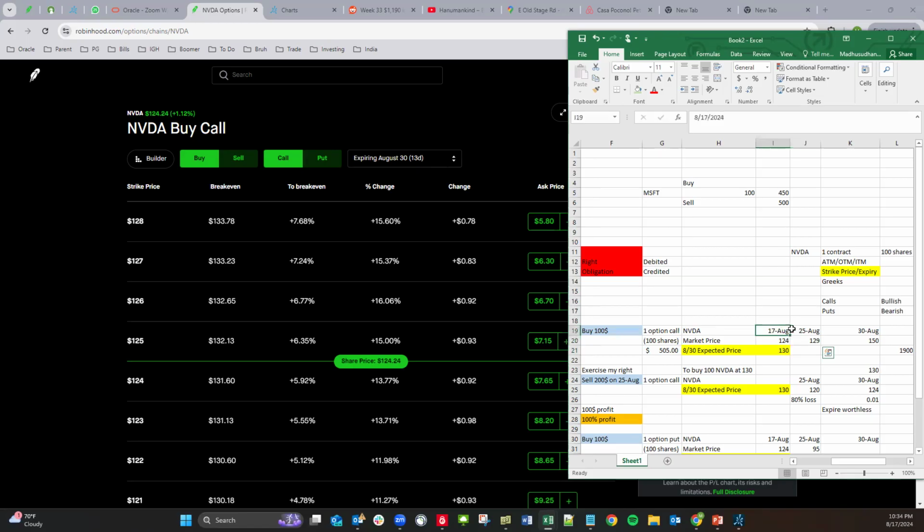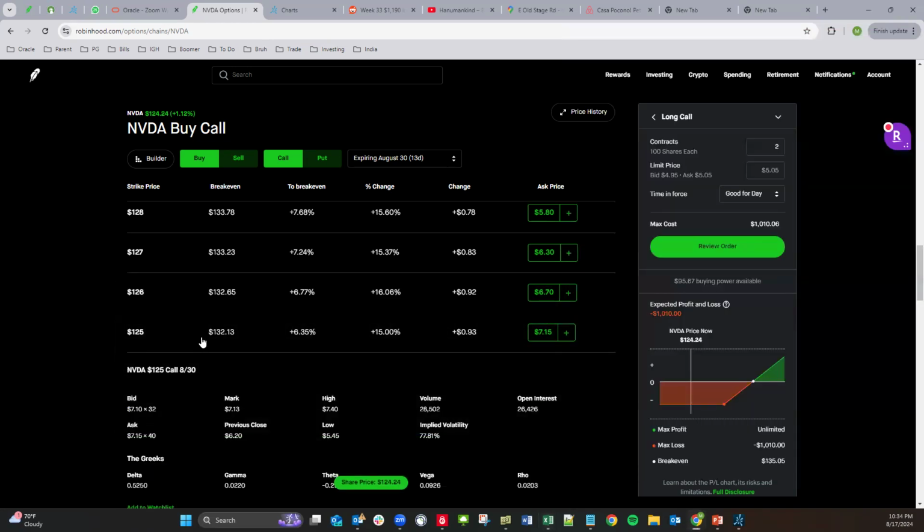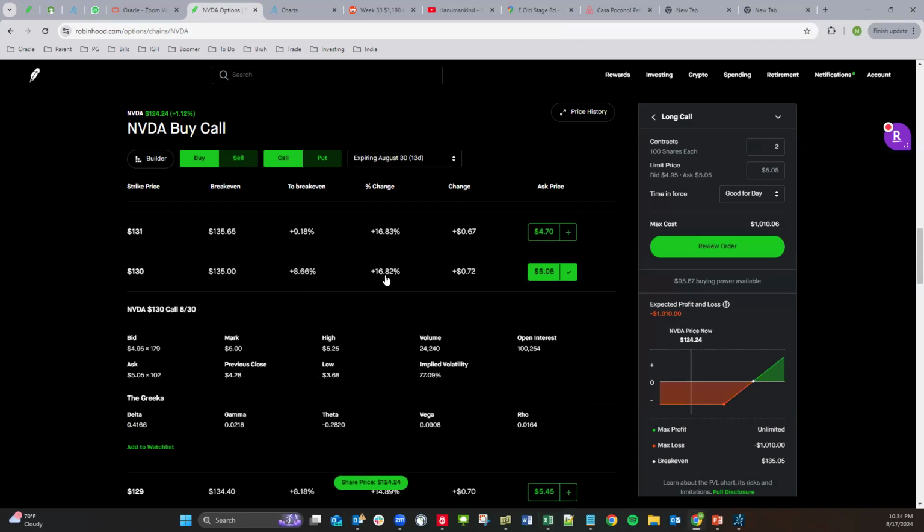The reason is because you lost these many days from 17th to 25th. And that's where the Greeks will come into play to say how much. Let's probably take a minute to say what it is, right? What do these Greeks mean? Let me show it here itself. So, sorry, 130. For each option premium, this is 500.